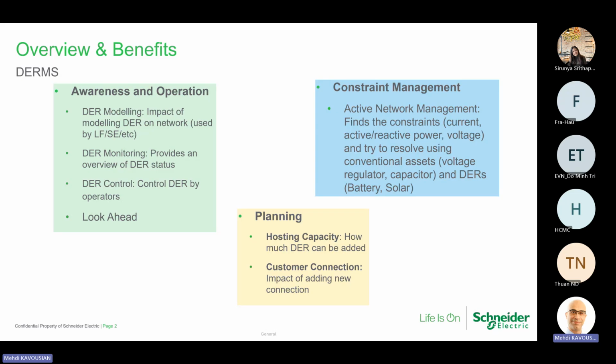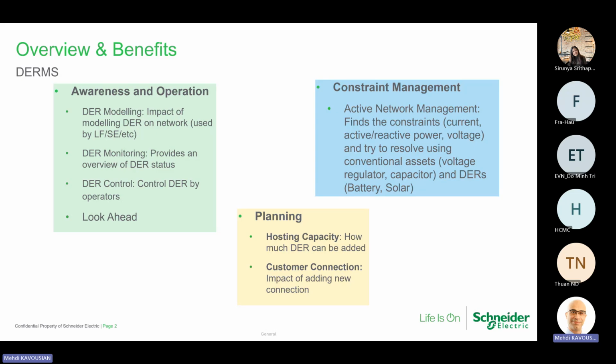Then we have another module to monitor the status of DER: where they are, how much they contribute, for example how much energy they produce or consume. And then DR control, where operators can manually find those devices, separate them from the rest of the elements, and send controls, sometimes to multiple elements at the same time.